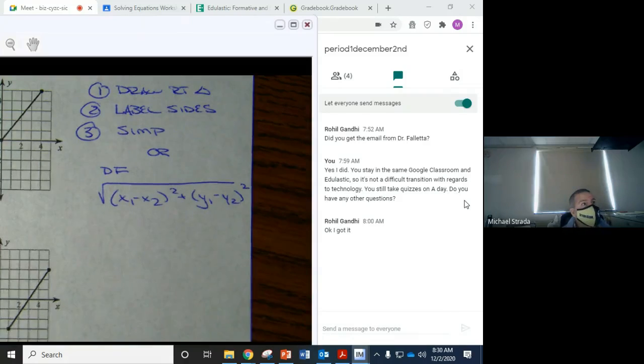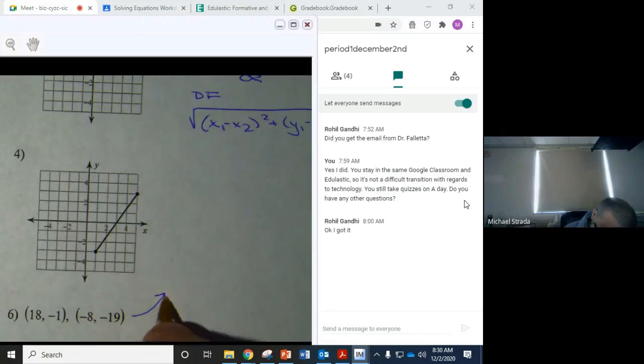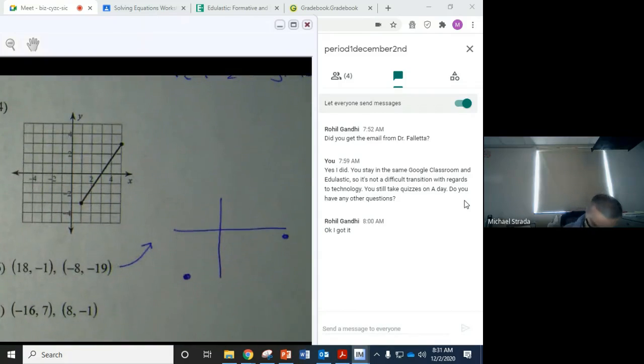I'll show you what I mean with number 6. If you're going to go the route of Pythagorean theorem, 18, negative 1 is all the way out here. Negative 8, negative 19 is going to be down here. Again, it doesn't need to be drawn to scale if you just want to fit it on the paper.